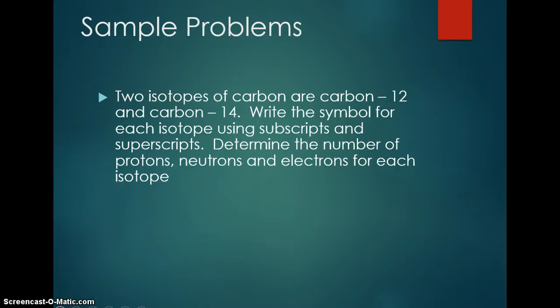Two isotopes of carbon are carbon-12 and carbon-14. It's asking us to write the symbol for each isotope using subscripts and superscripts, and then determine the number of protons and neutrons and electrons for each isotope. So we have learned to write this notation, C-12 or C-14.